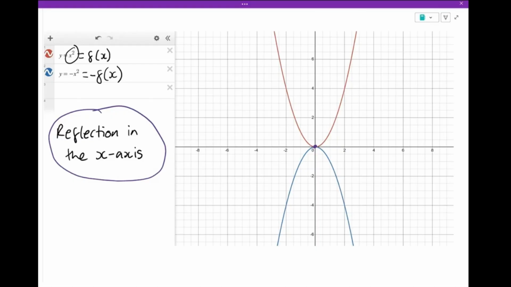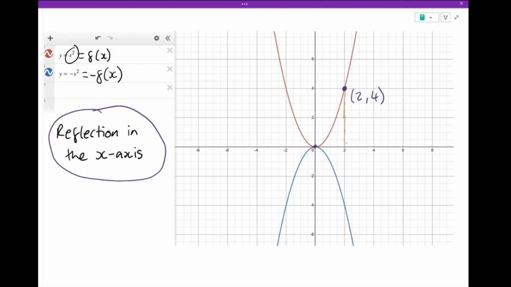Now, let's pick a different point instead, just to investigate things further. If we go with this point here, this point has the coordinates 2 to the right and 4 up, so (2, 4). Well, when you're doing a reflection in the x-axis, you're moving the curve vertically. So it should only be the y-coordinate which changes when you reflect. And if we go through the process of reflection, we figure out how do we get to our line of reflection, which is going downwards like that.